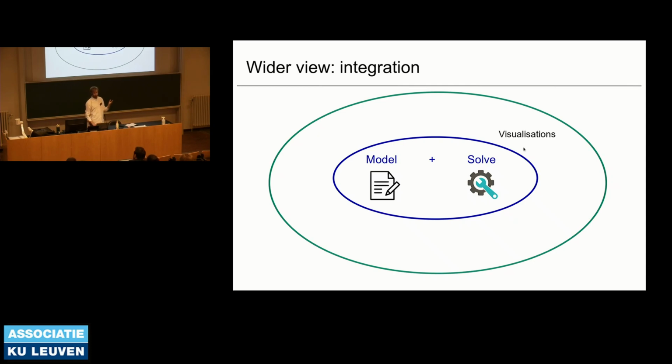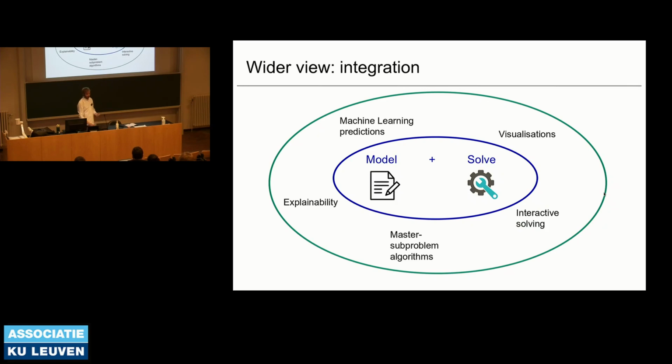And for example, you want to have these fancy visualizations like the maps, or you want to use machine learning predictions. That's what we will do a lot in this summer school. Maybe you also want the models or the solving strategies to be explainable. So you want to ask questions about, is this the optimal solution? What are the alternatives? And you might need some master-subproblem style algorithms or interactive solving and so forth.